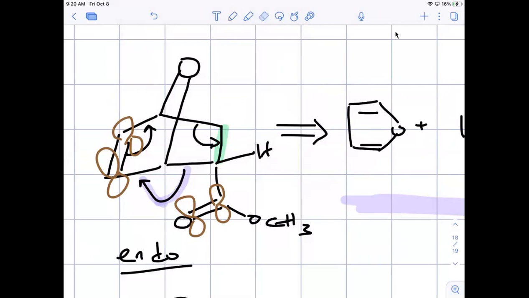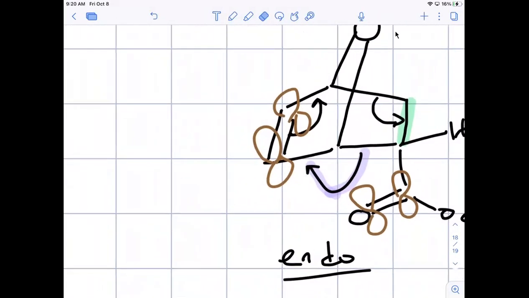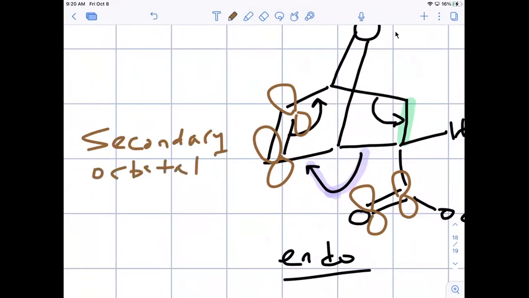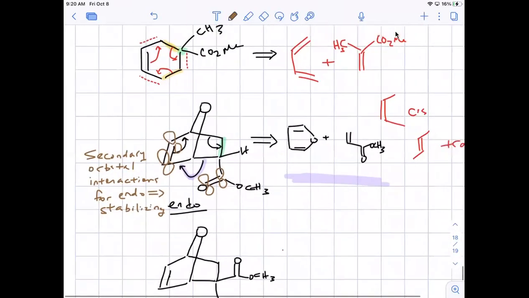So anytime you get those secondary orbital interactions, it's gonna add stability to that product. That's a stabilizing interaction.